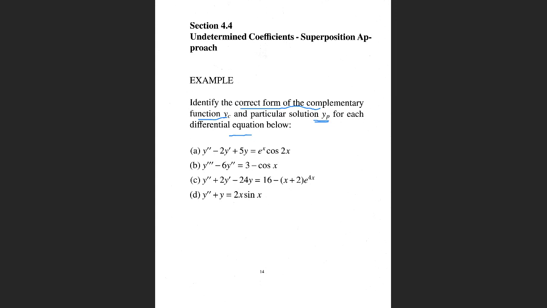Okay, so all right, take a few moments here, and then we'll go over this. Take a few moments to copy, and let me know if you have any questions.